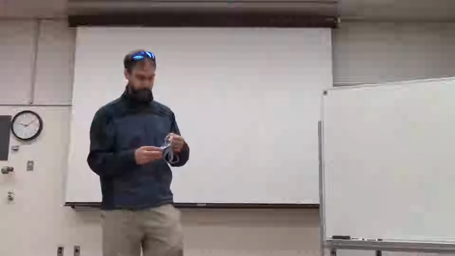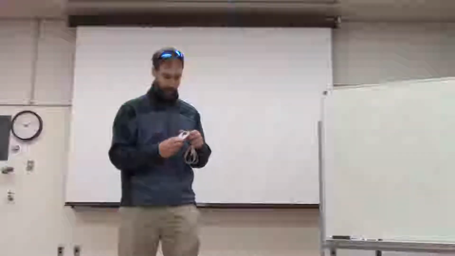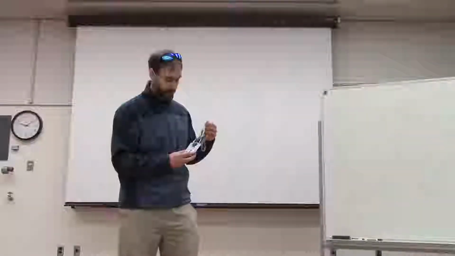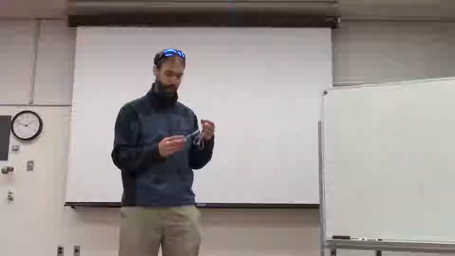And then finally, this is something else that Parallax built. This is the same Propeller chip that was on the board that we're using, but they added on some extra features here. This is actually a little name tag that Parallax made for a conference at one point.